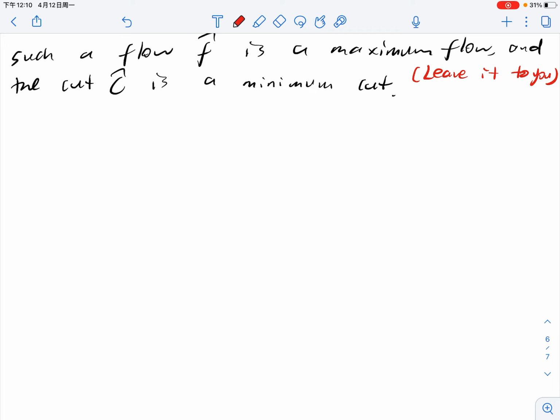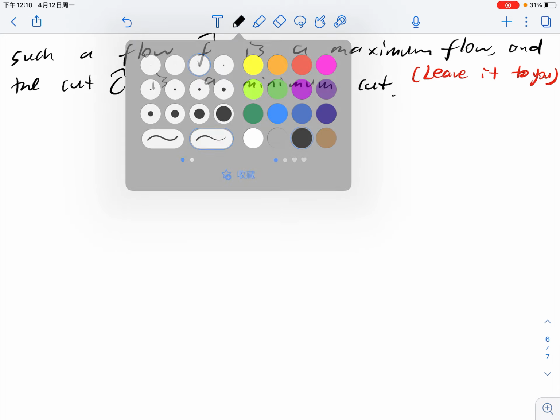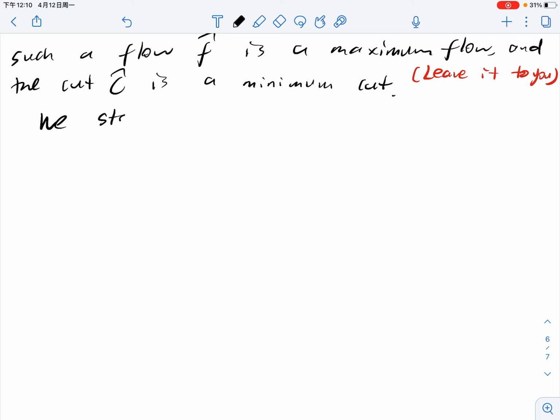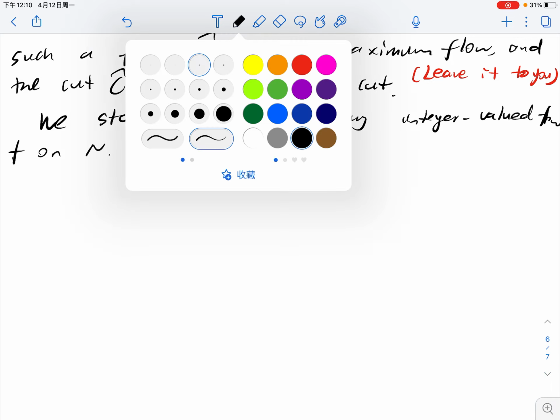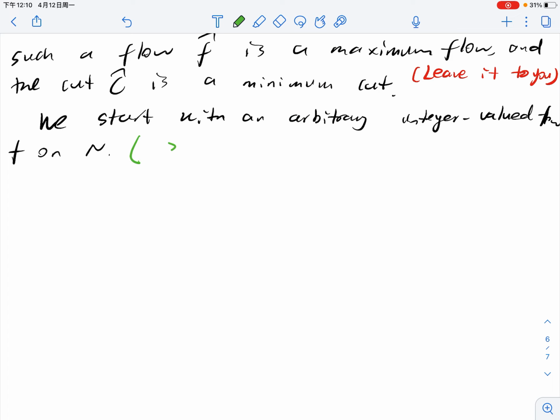So to do this, we start with an arbitrary integer valued flow f on n. For instance, we can choose the null flow, the zero flow suffices.